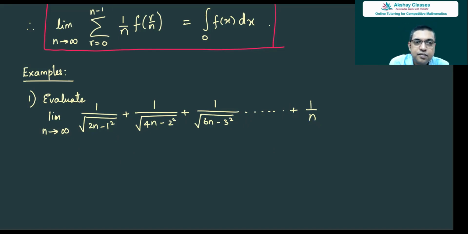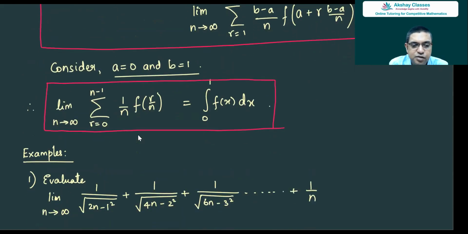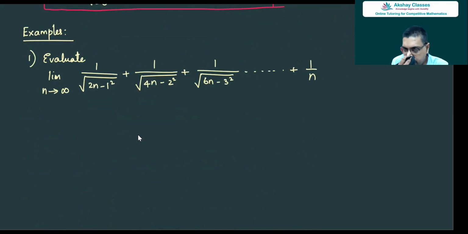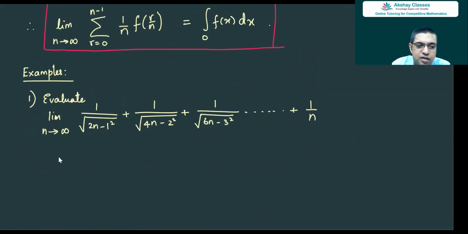But we have to look into the sigma terms. First of all, let us identify what is R. R has to vary from say 0 to n minus 1. So let us identify R. Either it has to vary from 0 to n minus 1 or 1 to n. That is also valid, as we saw.